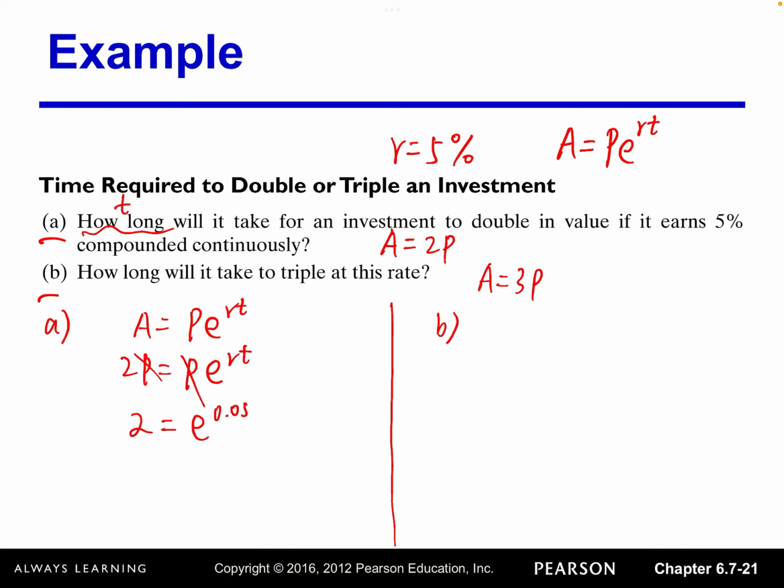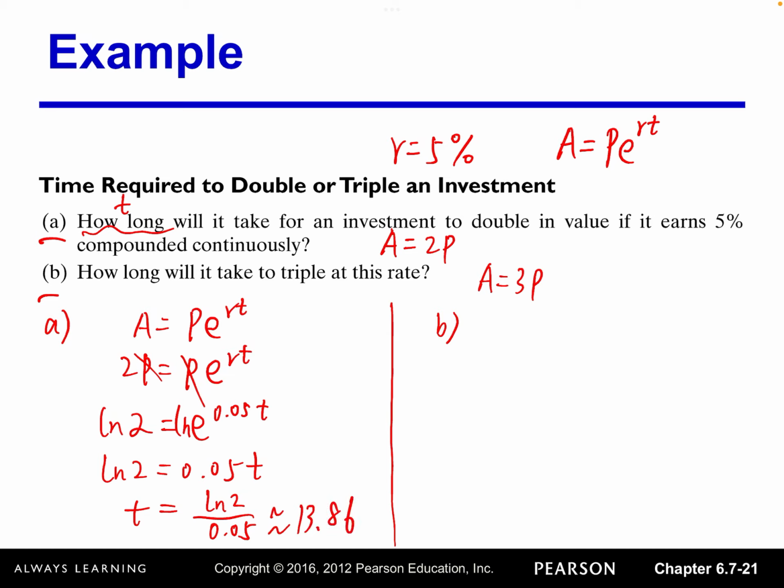That's 0.05 times t. Is that right? And then with both sides of the equation, find the natural log. We get ln 2 on the left-hand side. On the right-hand side, we can use the log property, that's 0.05t. So we can solve t equals ln 2 divided by 0.05, and approximately get 13.86.